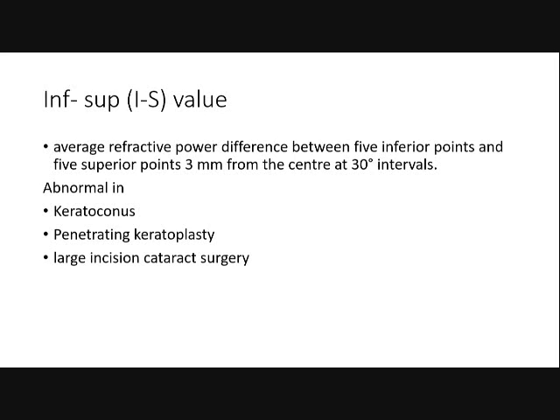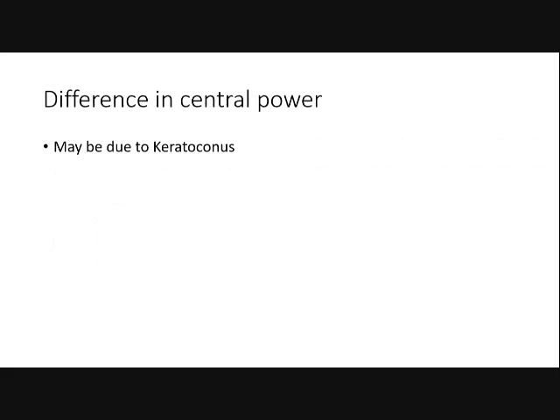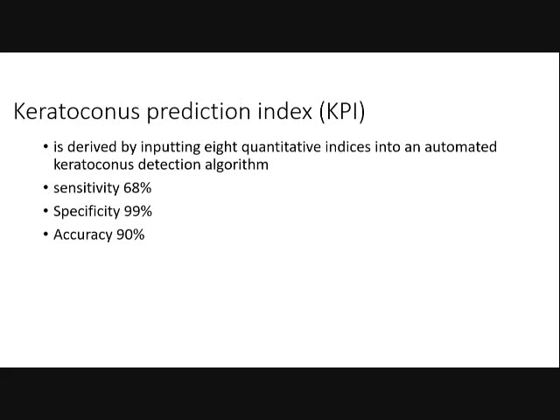So we have discussed three indices so far: SAI, SRI, and IS. Now, difference in the central part may be due to keratoconus, and we know that more steepening in the center means keratoconus. Now, this is the index which uses many indices: the keratoconus prediction index (KPI), and it is derived by inputting 8 quantitative indices into an automated keratoconus detection algorithm.